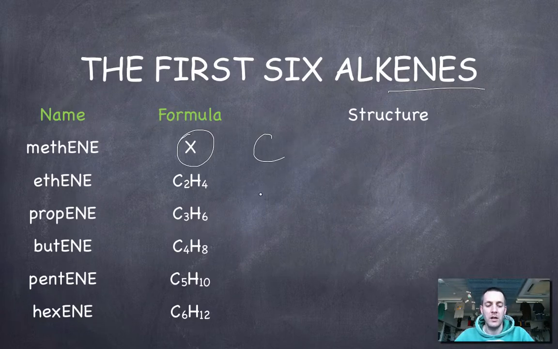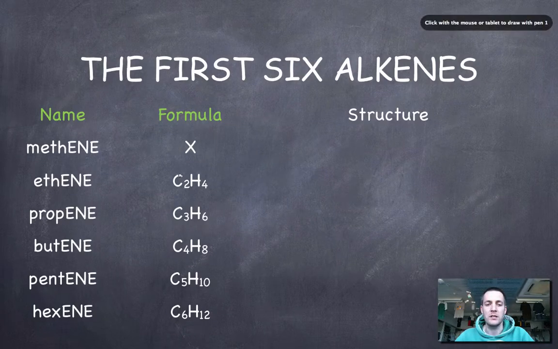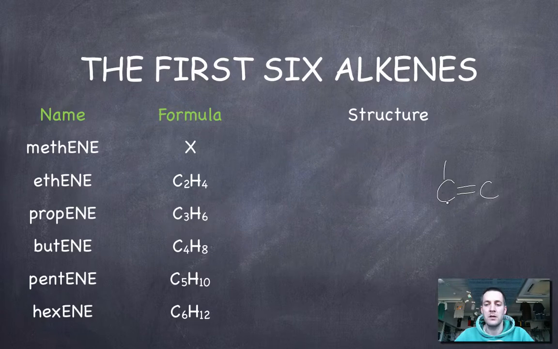Anyway, so ignoring methene, which doesn't exist, let's start off by drawing ethene. So that would have 2 carbons and a double bond, and then hydrogens filling all the other spaces. If I wanted to attach another carbon to the chain, I'd have to use up one of these bonds, so that would be CH3 there.